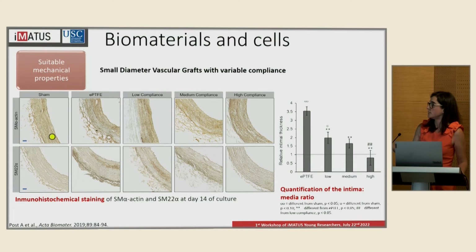So this will be the intima of the vessel. And in high compliance, we saw a similar pattern to the sham control. So indeed, improving the mechanical properties gave us better data in terms of tissue structure and tissue anatomy.